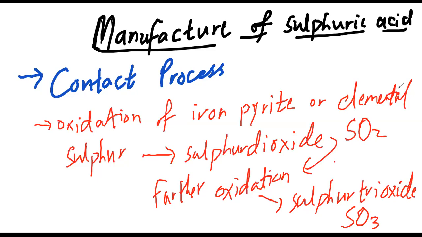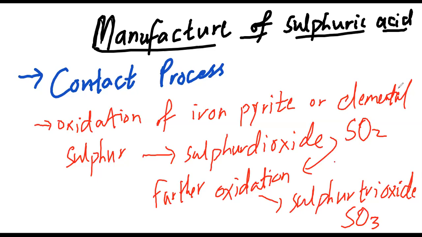When the contact process starts, iron pyrite is burned in the burner. Then it forms sulfur dioxide, SO2. Then SO2 is passed through special filters, washed, and dried. After that, it's sent to the contact chamber.